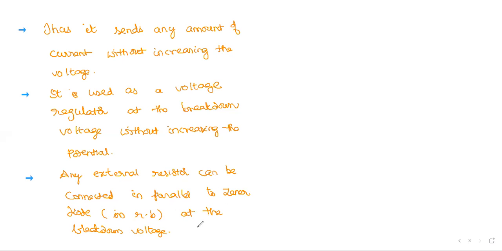Then happily it maintains the constant breakdown voltage across the external resistor.